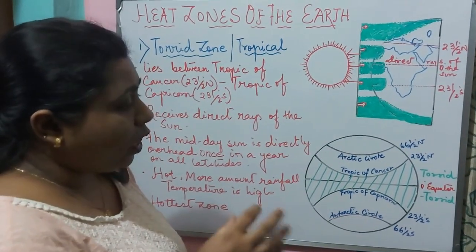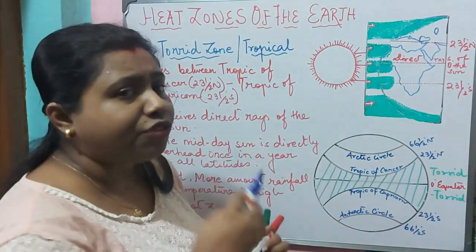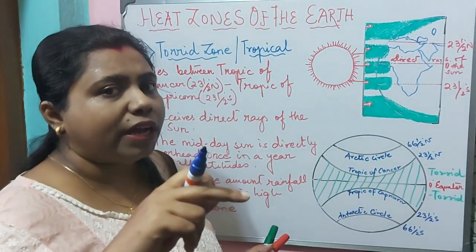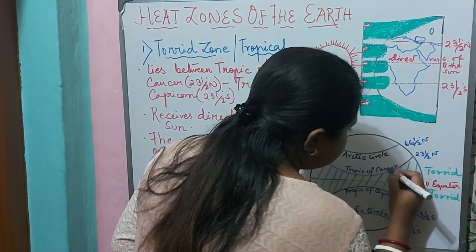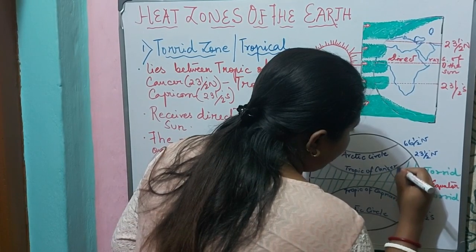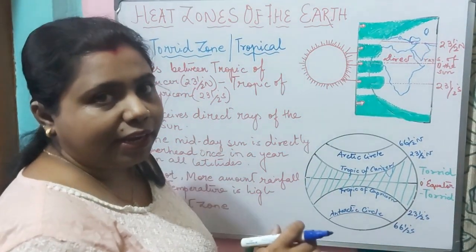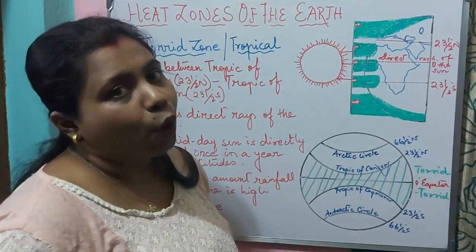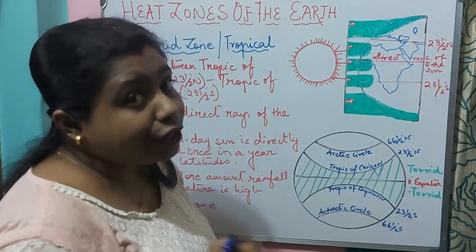Now, if you look at our map of India, you will notice that right from the middle of our country, India, the Tropic of Cancer is passing. So the southern portion of our country, India, lies in the torrid zone, right? And the other portion lies in the temperate zone.